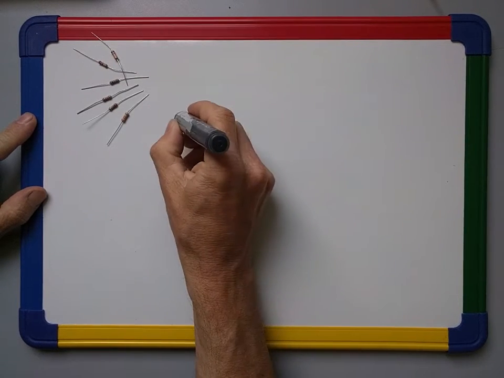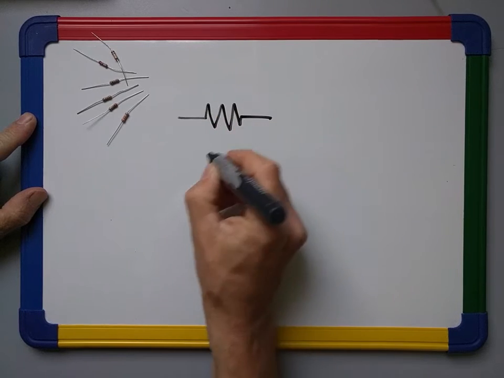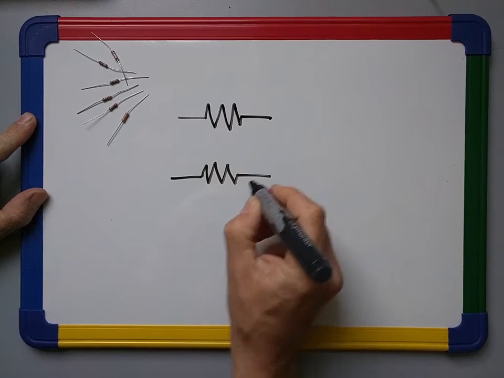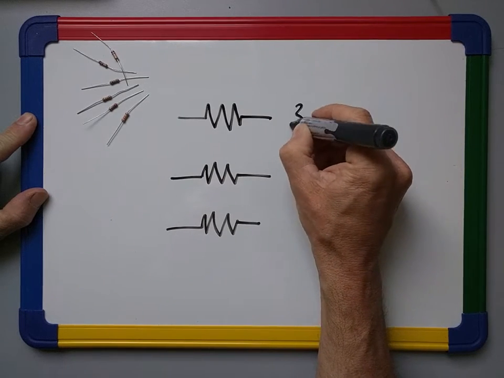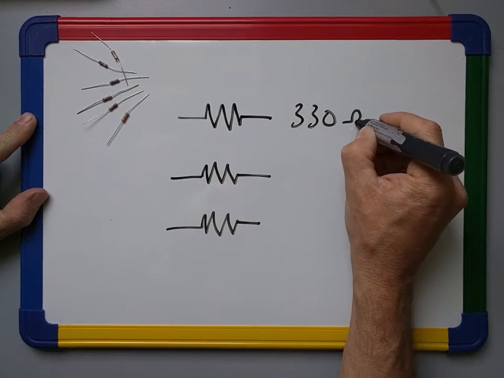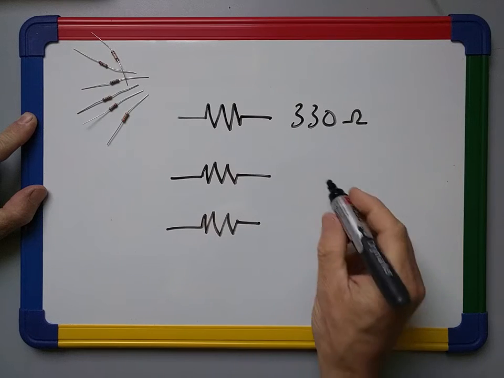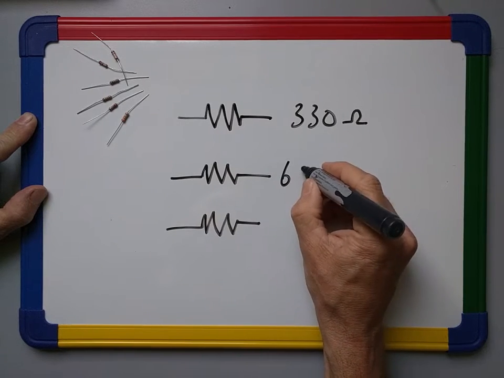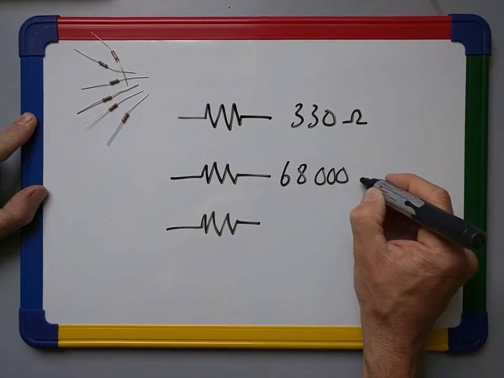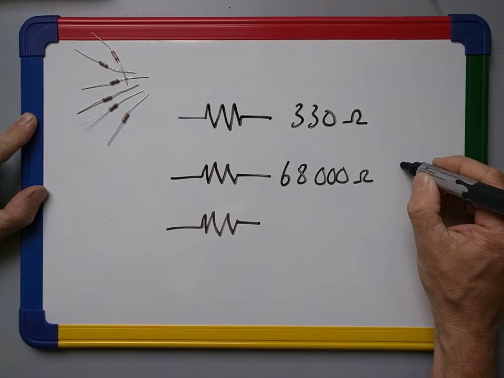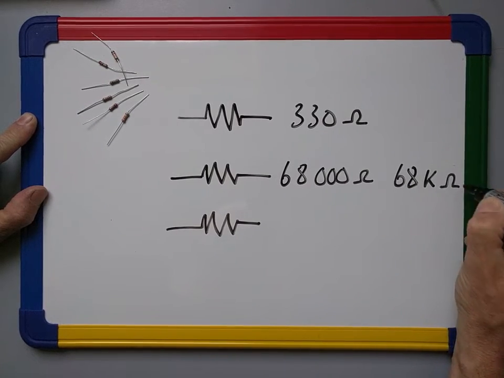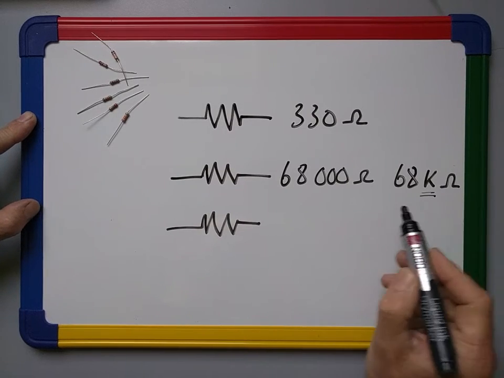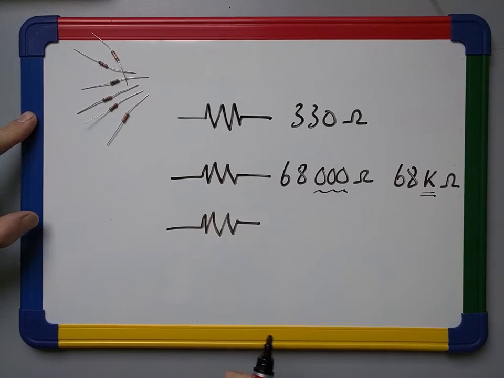As we've seen, our resistors can come in a range of resistances, a range of values. If we had, for instance, a 330 ohm resistor, it would be written like this. If we had a 68,000 ohm resistor, it would normally be written as 68 kilo ohms, and this kilo refers to the 1,000.